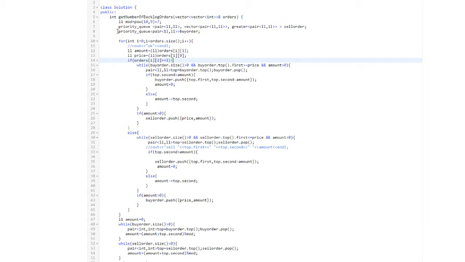you select the order with the maximum price in the buy orders. Since it's a max heap, the first element, that is the topmost element of the max heap, is the maximum among all of them. So this confirms I'm getting the element with the maximum price. If that price is greater than or equal to my price, I will process this step.